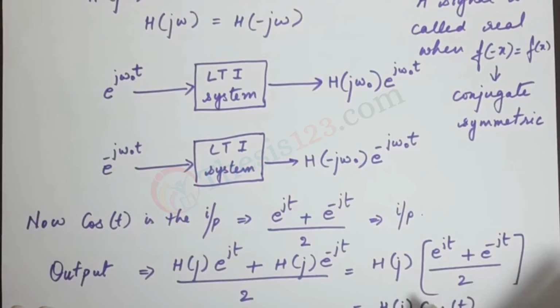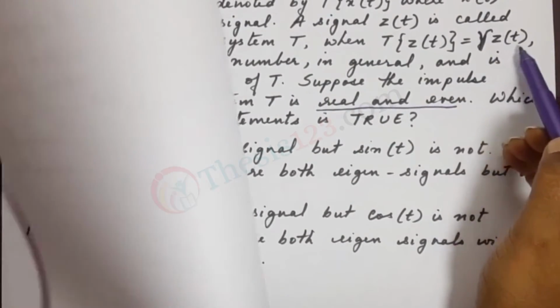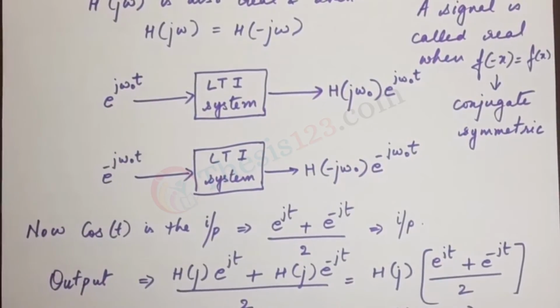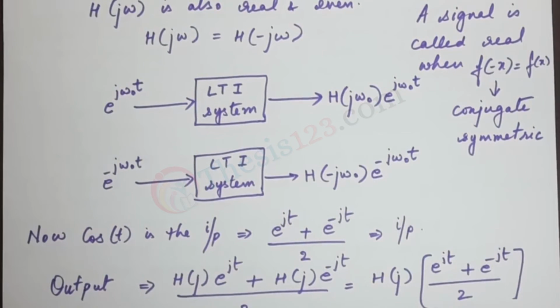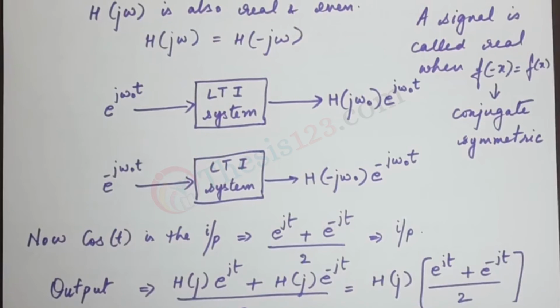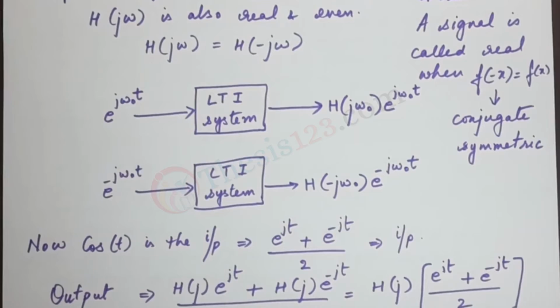Note that the output given in the question is exactly this form, gamma times z(t). Gamma is our complex number, into z(t), which in the question is the input, and the input here we have considered as cos t. Okay, so that means that it satisfies.